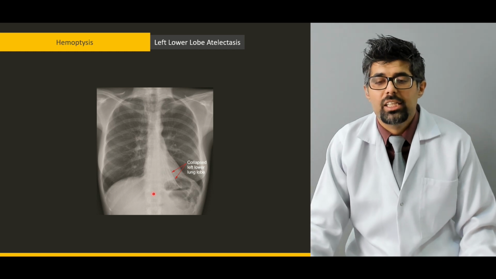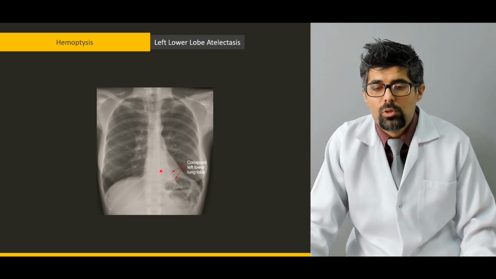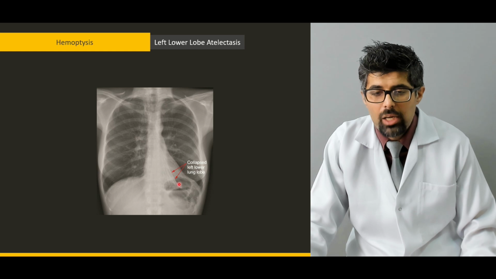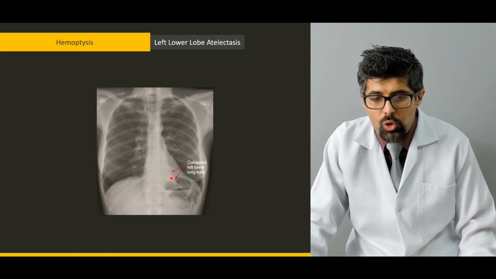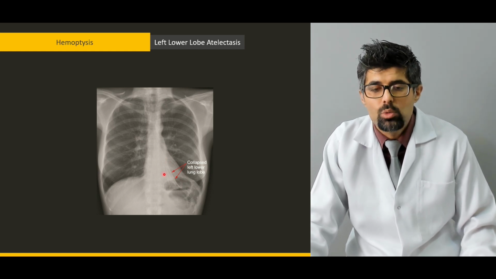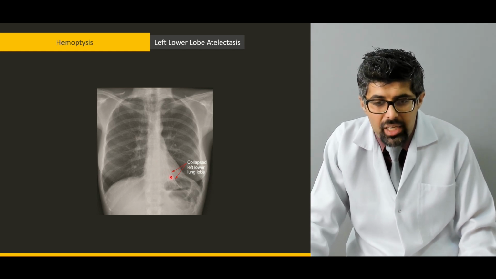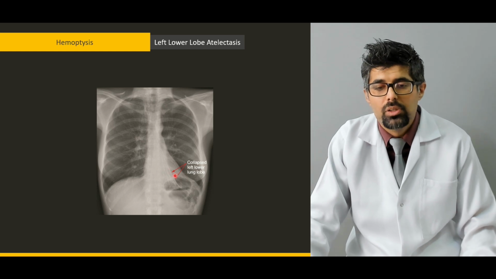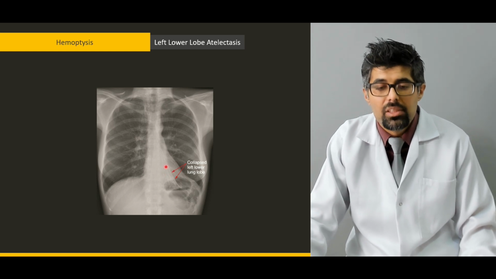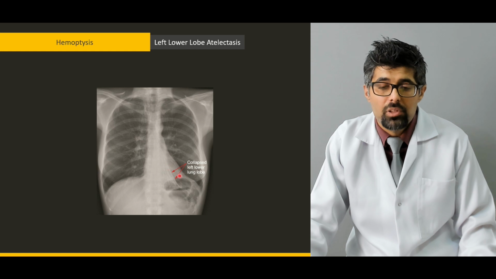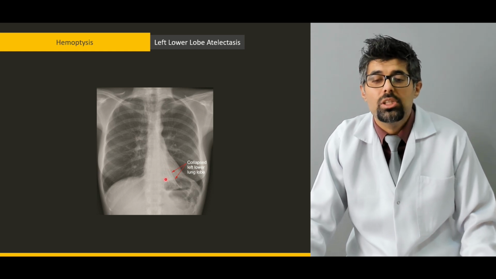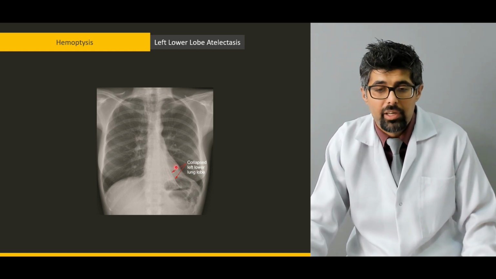Here is a chest x-ray with a left lower collapse. Now this collapse is actually due to a mass behind the heart, and this mass is encroaching upon the left lung field, and that field of the lung has collapsed onto itself above the diaphragm.